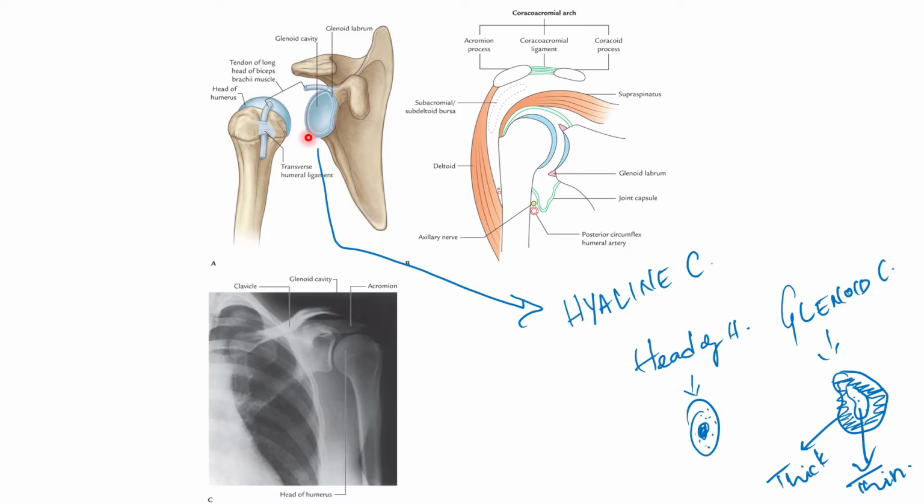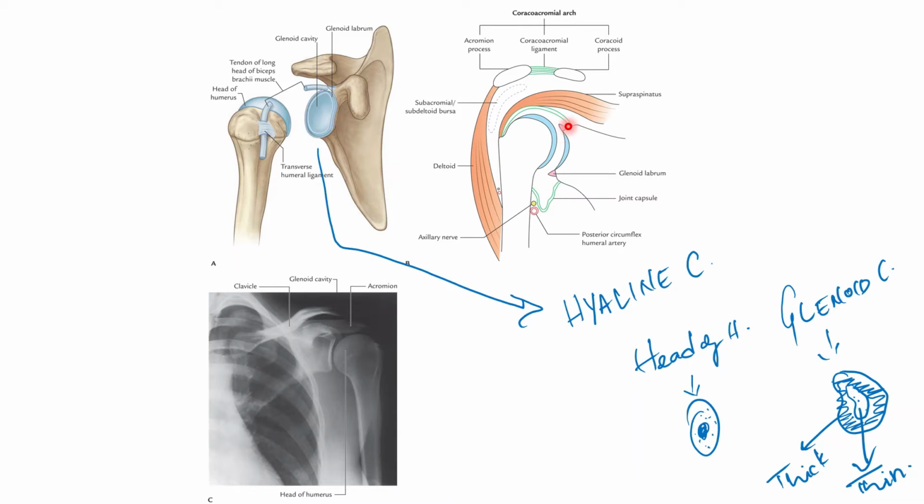The margins of the glenoid cavity represent the fibrocartilaginous rim, that is, the peripheral margin of the glenoid cavity gives attachment to the fibrocartilaginous rim, which makes up the glenoid labrum. So the glenoid labrum is nothing but the thick fibrocartilaginous rim which covers the peripheral margins of the glenoid cavity, which is triangular in cross section.